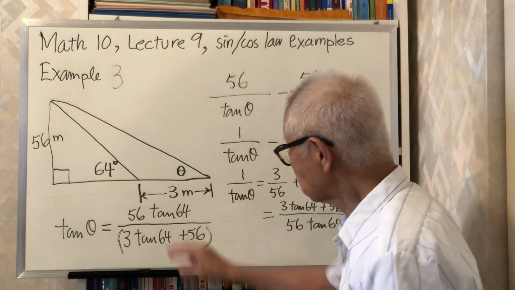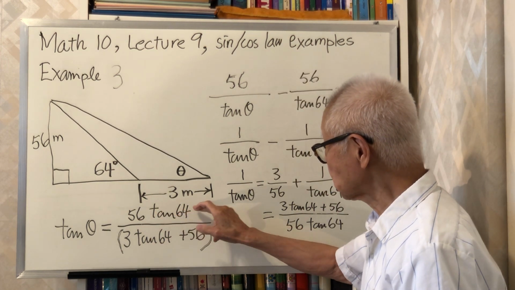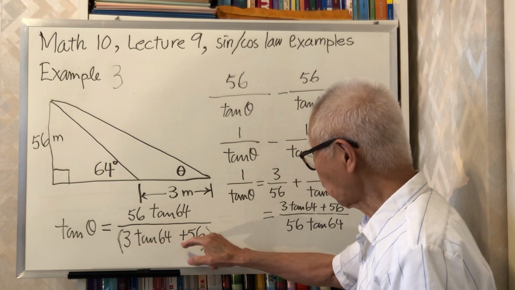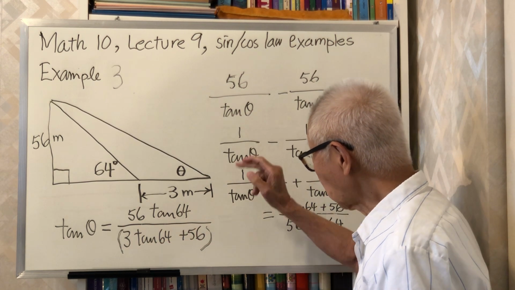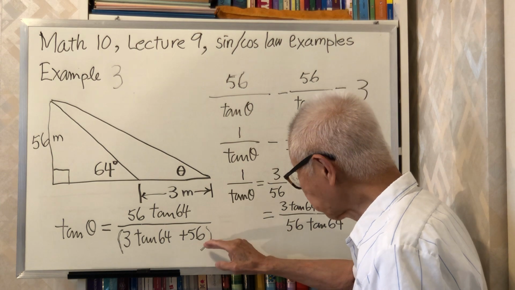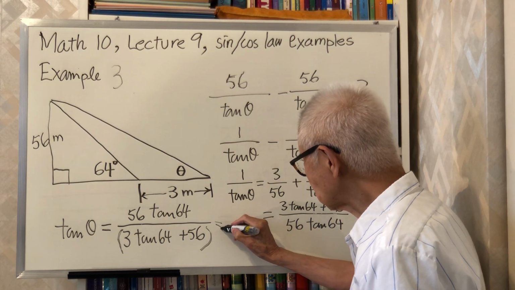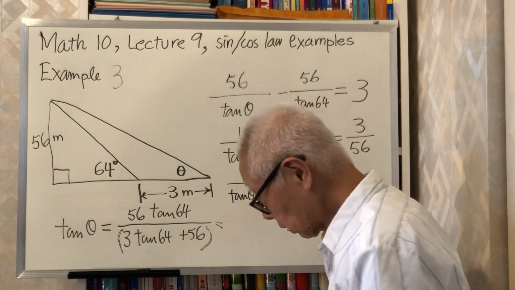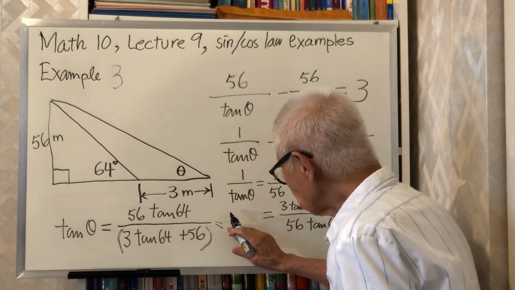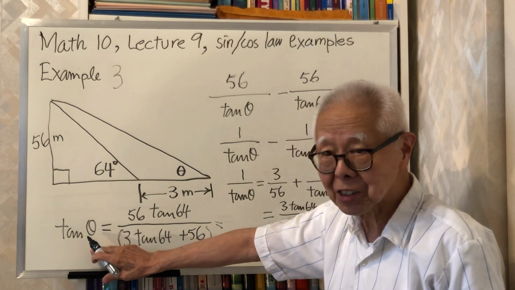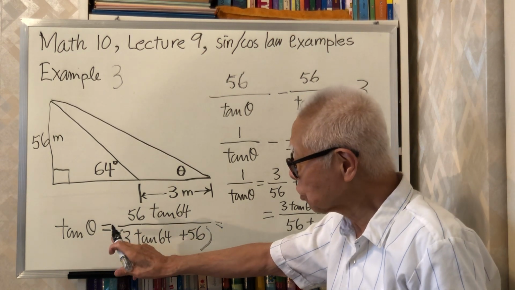So, you enter 56 times tangent 64 divided by bracket, 3 times tangent 64 plus 56, and close the bracket, then press equal sign. Then you have the answer. But you don't need to write this answer down, because we are not going to find the tangent theta. We want to find theta.